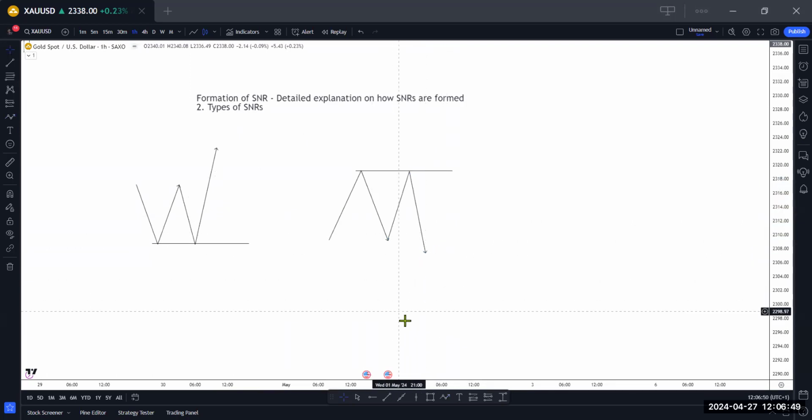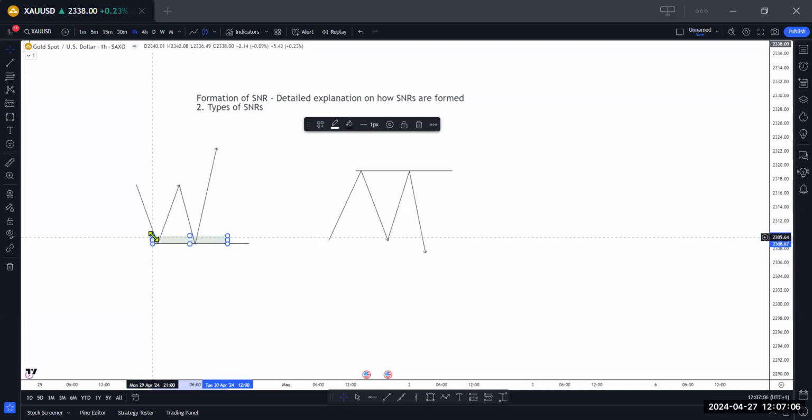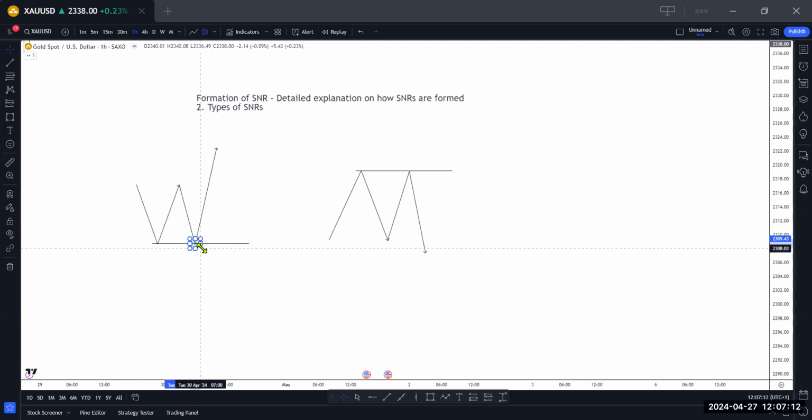You will see that for every entry, a new support or a new resistance is formed. When price taps a support level, a new support is formed. This support level got tapped here, and this new support level is formed. Why? Because the logic the market works with is support and resistance, buying and selling.